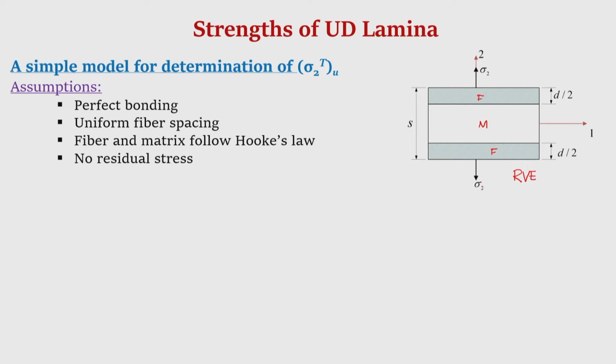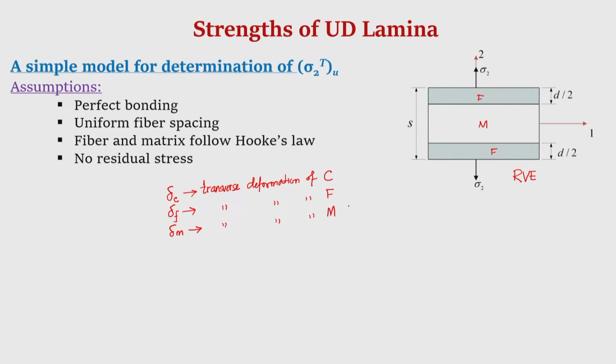Suppose the transverse deformation of the composite is delta c. Similarly, delta f is the transverse deformation of the fiber and delta m is that for the matrix.